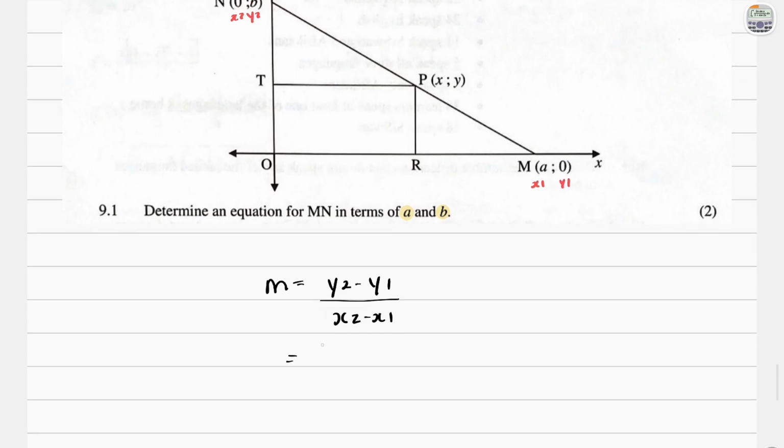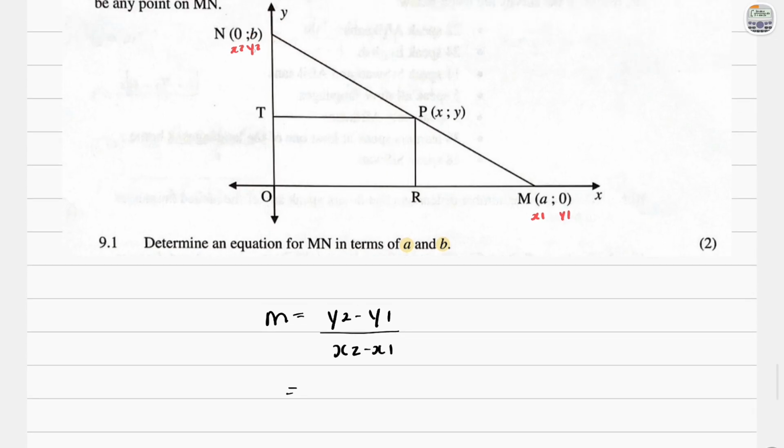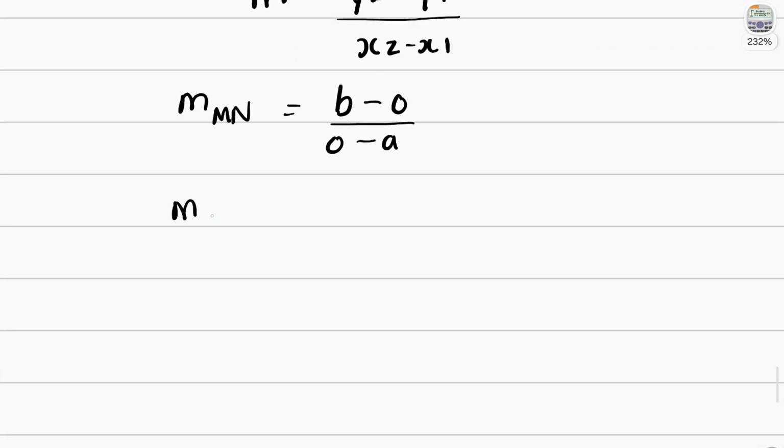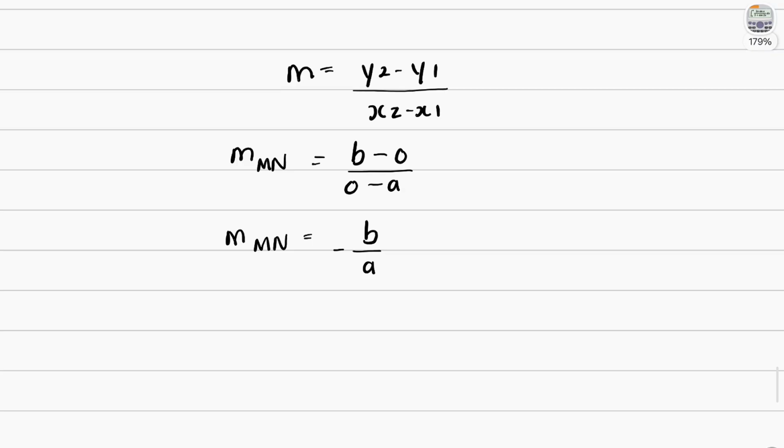So this is equal to b minus 0, that's the y1, over 0 minus a. And so the gradient of MN is b minus 0, which is b, and 0 minus a is negative a. So it's just going to be negative b over a.